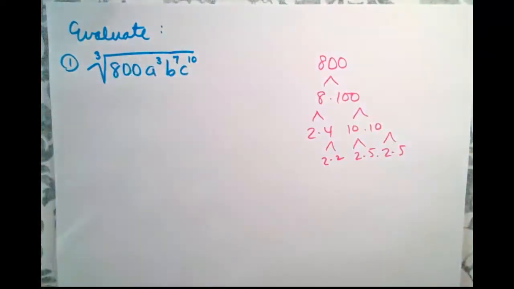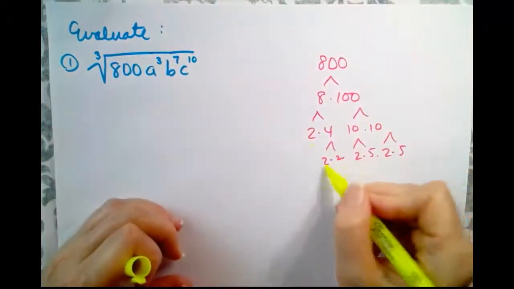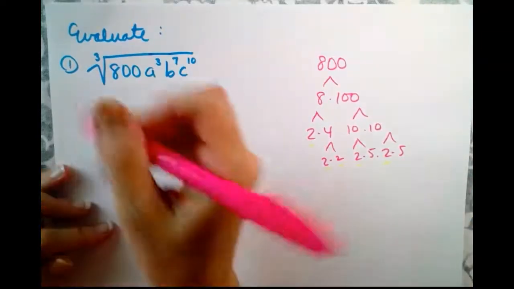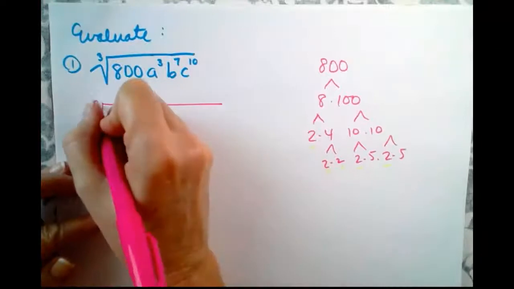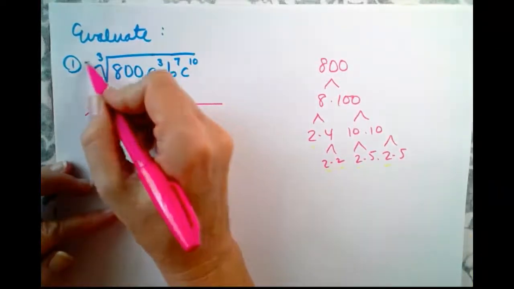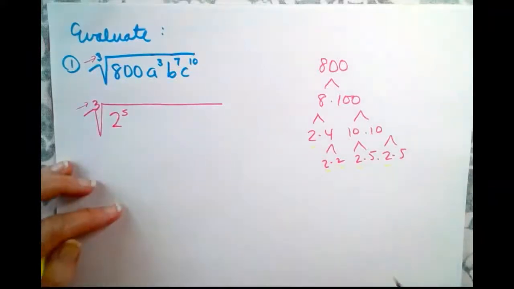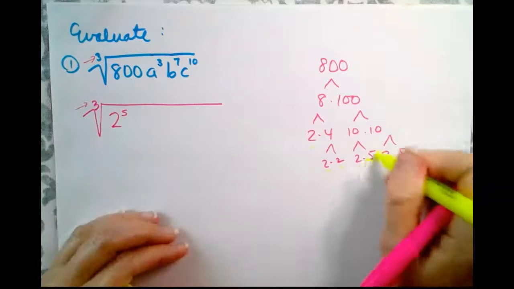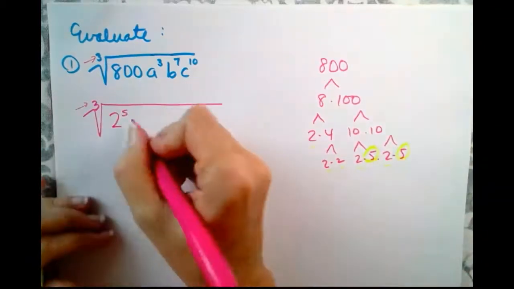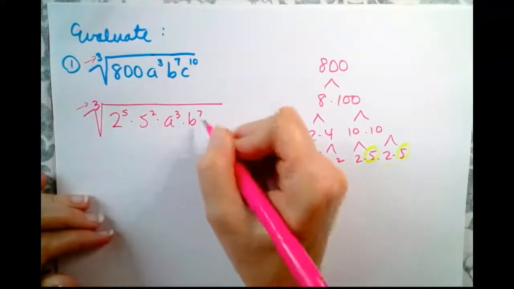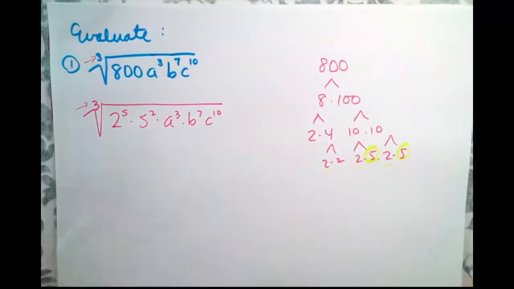So for 800, what do we have? We've got 1, 2, 3, 4, 5 powers of 2. So I'm replacing 800 with 2 to the 5th. Notice our index is 3 this time. This is a cube root, not a square root. And then we've also got 2 powers of 5. 3 powers of a, 7 powers of b, 10 powers of c.